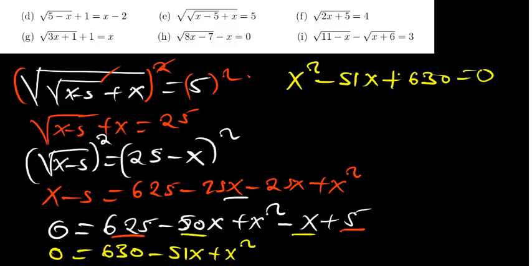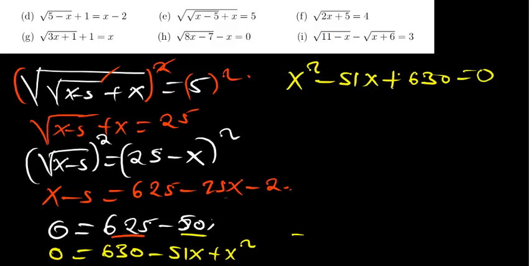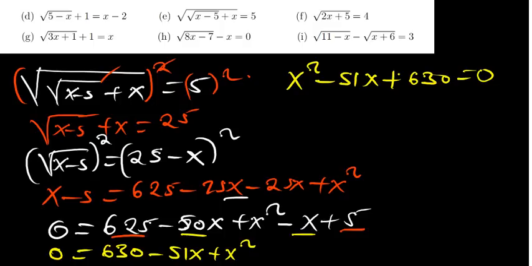At this point I can now see that I'll have my product and the sum, then I need to have factors. So my product is 630, my sum is negative 51. So now, what will be our factors? Two numbers which when we multiply we get 630.